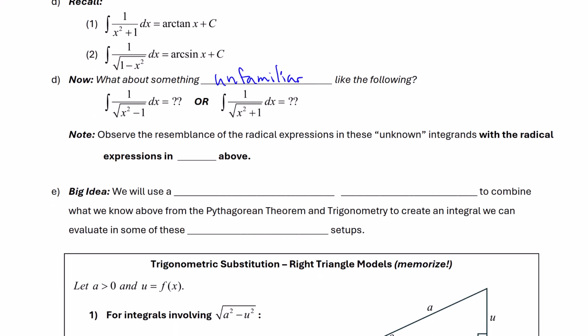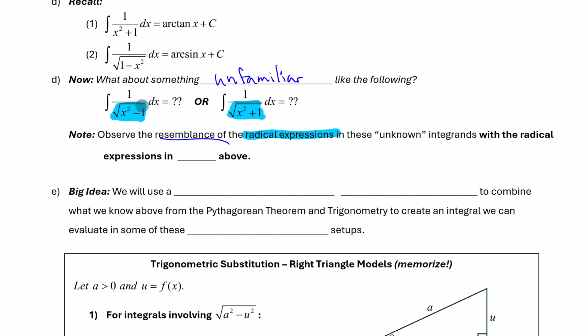Now let's observe the resemblance of the radical expressions in these unknown integrals. What I mean specifically is, I'll highlight this: these radical expressions in these unknown integrals I just stated above would be the square roots in the denominators, the square root of x squared minus 1 or the square root of x squared plus 1.